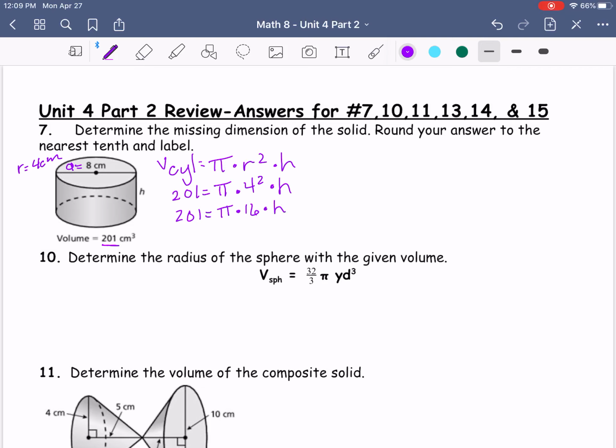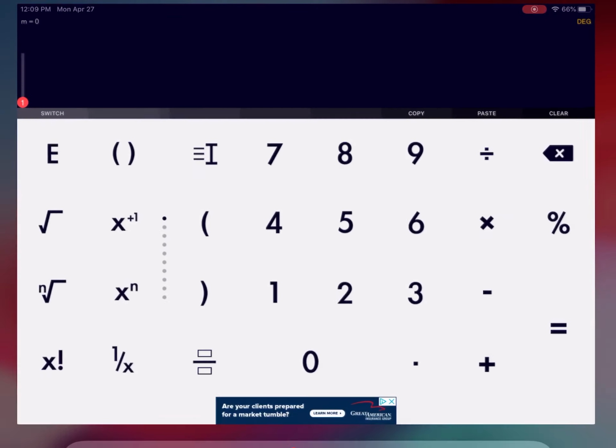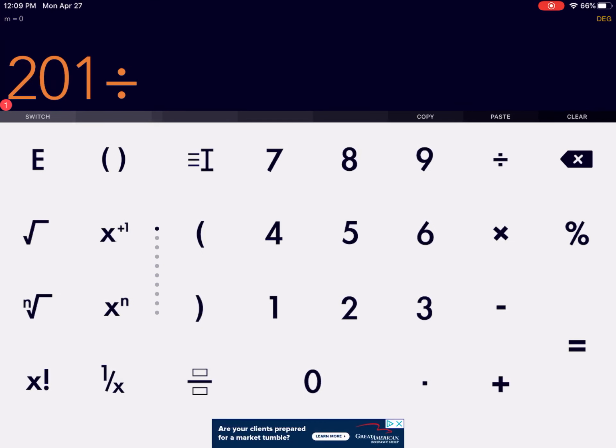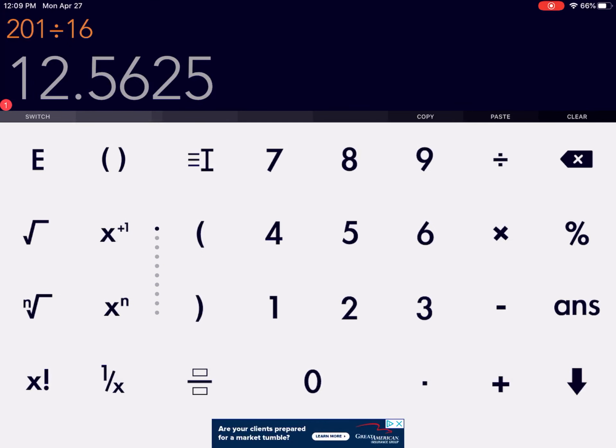Now my goal is to get the h by itself. So in order to do that, I'm going to start moving things. First, I'm going to move the 16 by division because right now it's multiplying to everything, so the inverse of that is division. On my calculator, 201 divided by 16 equals 12.5625.